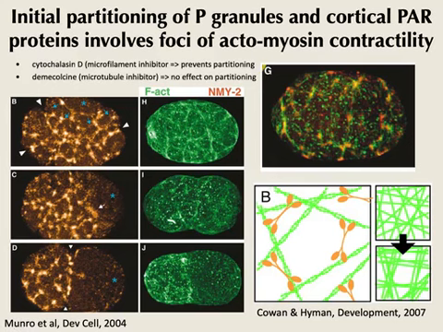So one idea, which has since been observed in many systems, is that if you have a meshwork and if you have actomyosin, you tend to have accumulation in foci in this way, okay? But the contractility is spread everywhere. So what regulates myosin contractility?